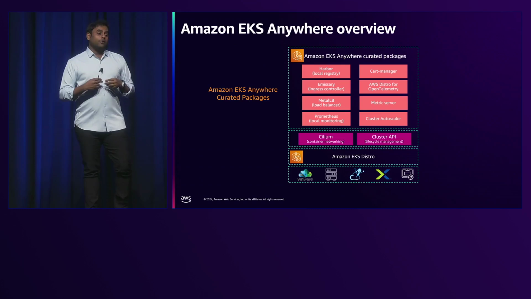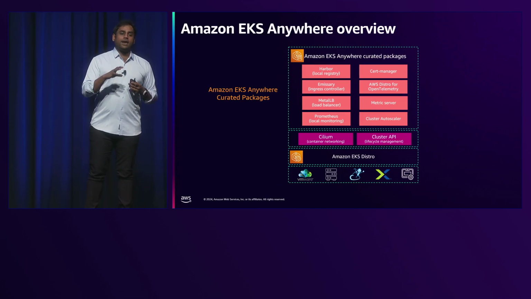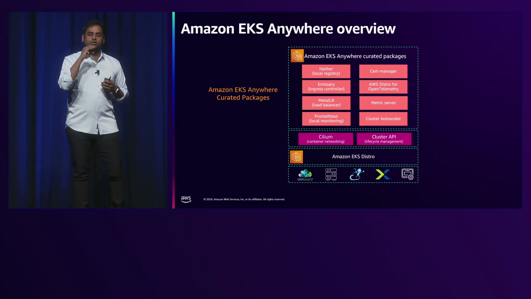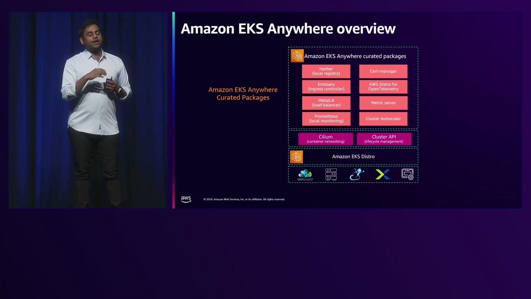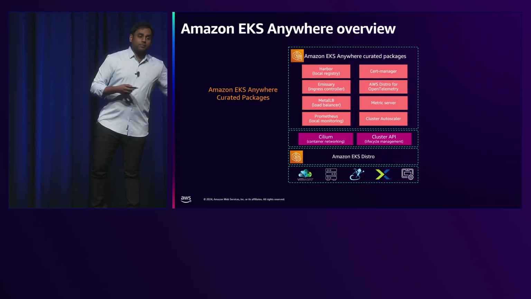So that is where we came up with something called curated packages, where we enable customers to use some pre-curated packages which are designed and defined by AWS, where AWS holds the responsibility of managing these components too on your Kubernetes environments. For example, let us take Harbor, Emissary, MetalLB.